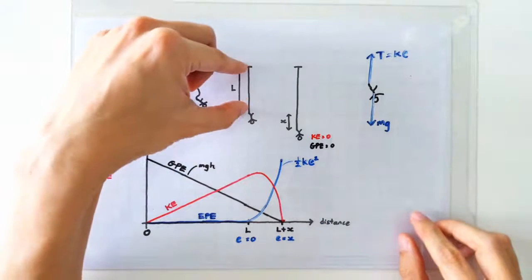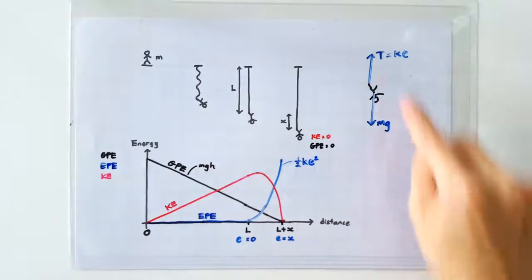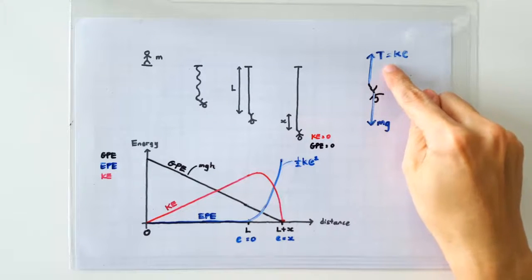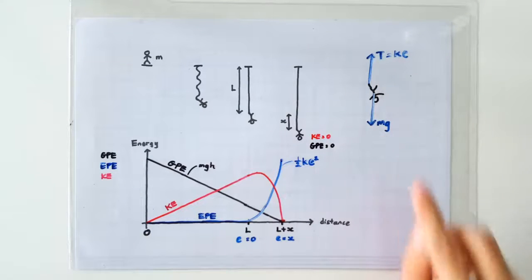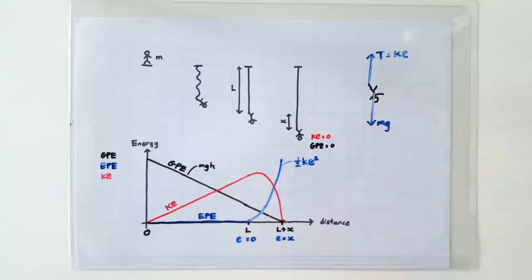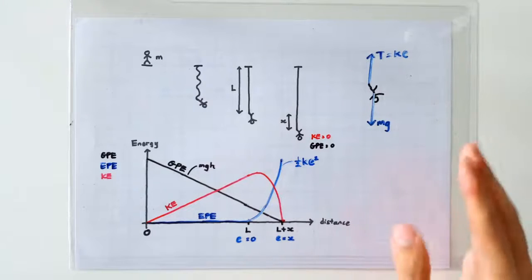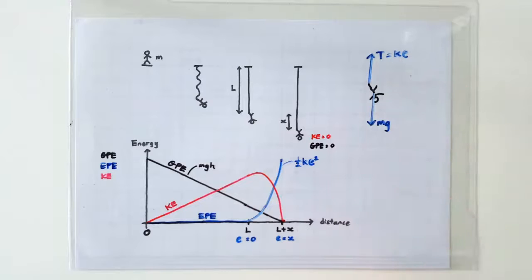It's only when the rope is sufficiently stretched such that the tension in the rope matches the downward weight that the bungee jumper experiences a net force of 0 and starts to slow down.